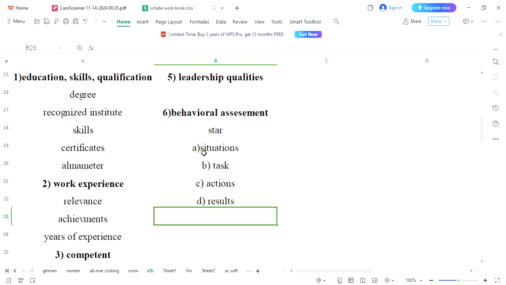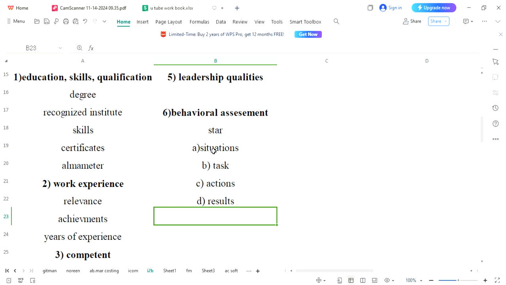And on the other hand, if a situation has been given, a task has been given, he has taken action, everything was perfect, according to his demand the situation was given, according to his ease or comfort a task has been given, he had taken action, but the result was not successful. That was failure.